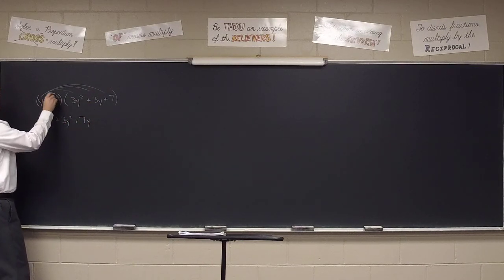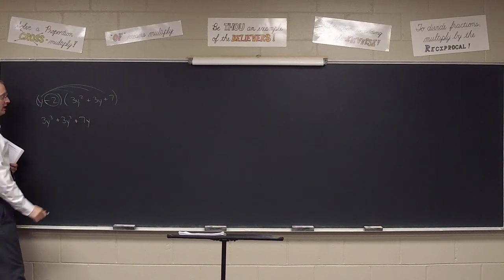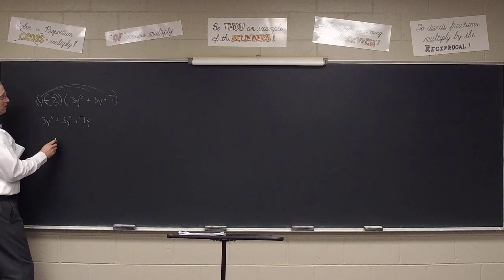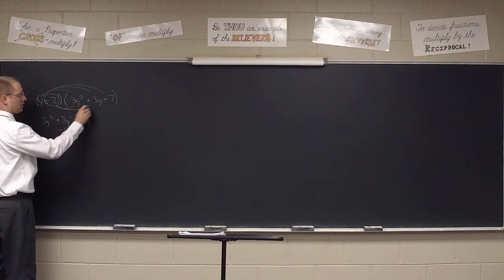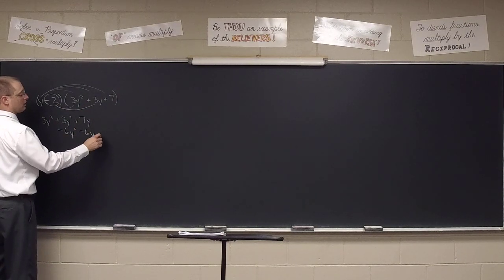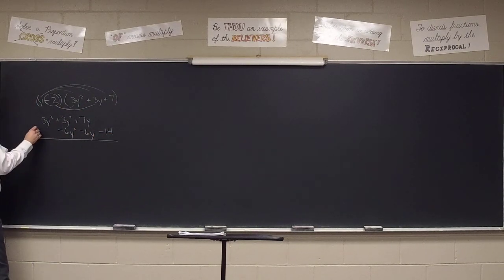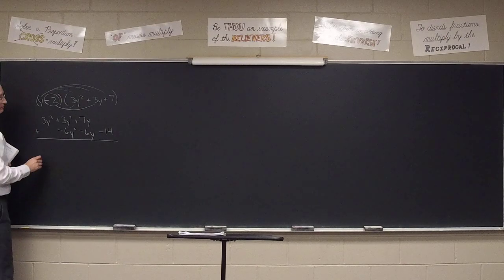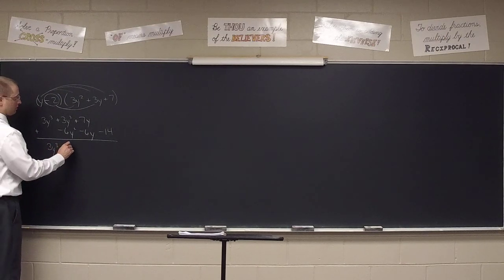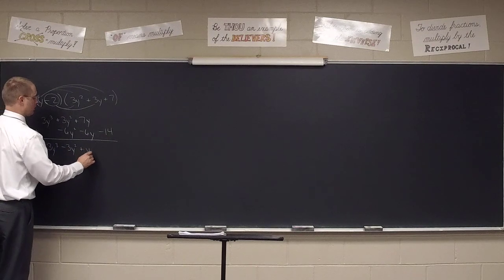And then when we distribute the negative 2 all the way through, what do we get, Lana? Negative 6y squared, negative 6y, negative 14. Then we add the partial products to get 3y cubed negative 3y squared positive y negative 14.